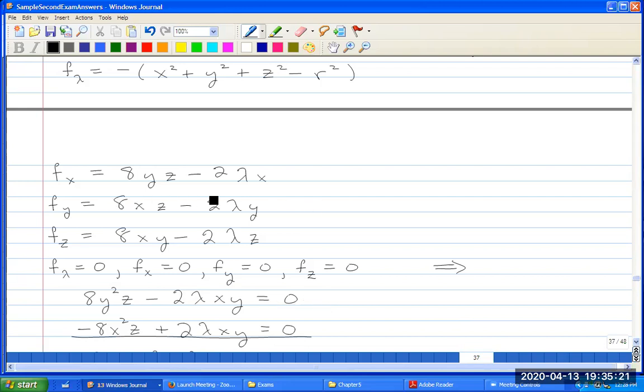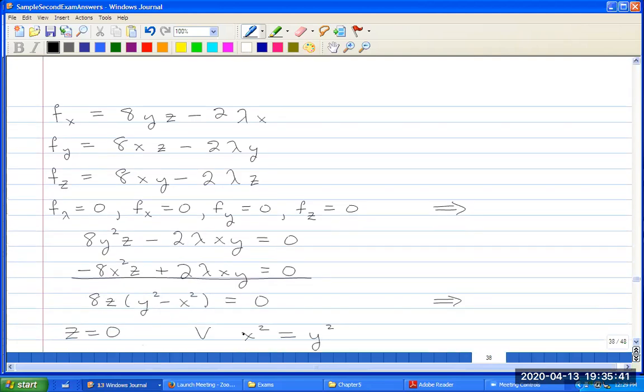If I take this set equal to 0, multiply by negative x, negative 8x squared z plus 2 lambda xy equals 0, and add, the 2 lambda xy's cancel, and you just get 8y squared z minus 8x squared z is 0.